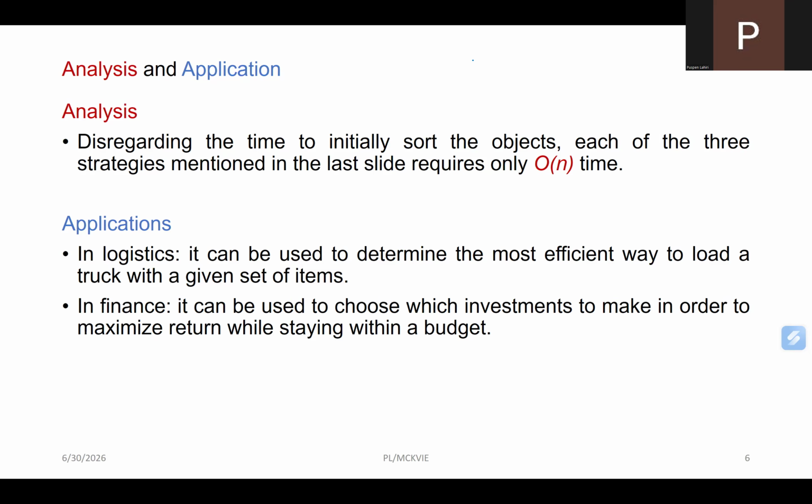Each of the three strategies mentioned in the last slides requires only order of n time because at most all items can be selected. If there are three items, the summation of the weights of the three items may be less than or even equal to the maximum capacity of the knapsack. In that case, in the worst case, all n items can be chosen, so the time requirement will be big O of n.